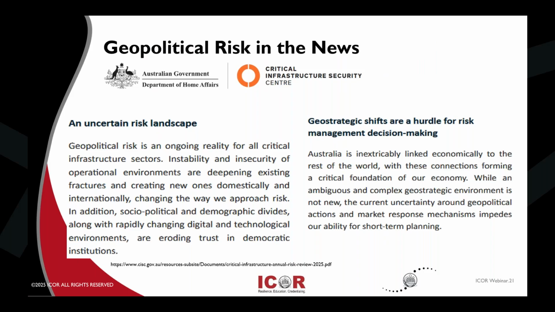And so while we have this new, ambiguous, and complex environment, and they're saying it's not new, I'm saying that it's becoming bigger, which is creating more uncertainty, which is impacting market response mechanisms, and is really impeding everyone's ability for short-term planning because you don't know what it's going to be like in 6 months. And so how do you plan for that?